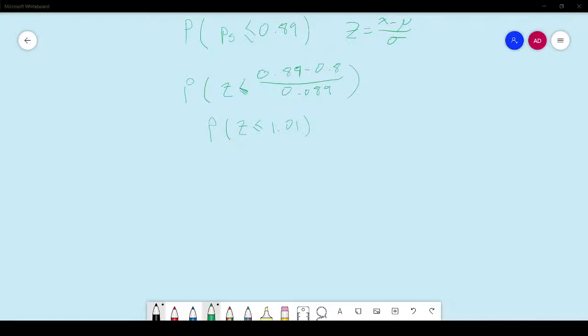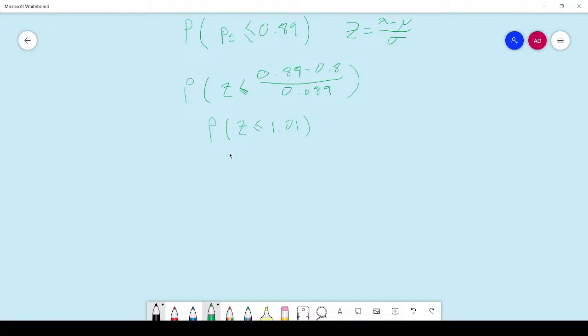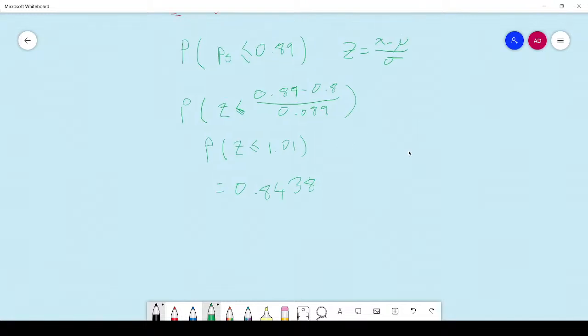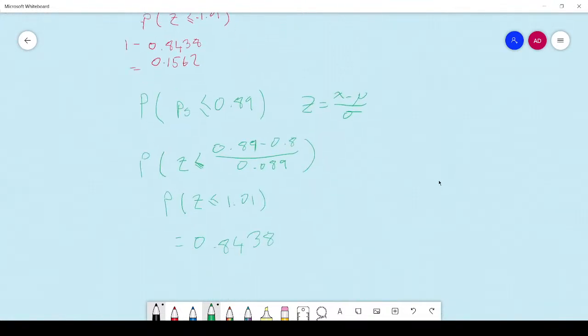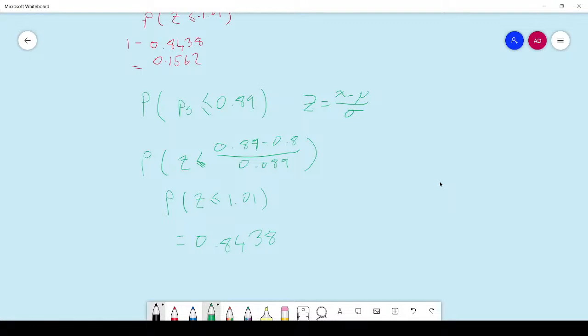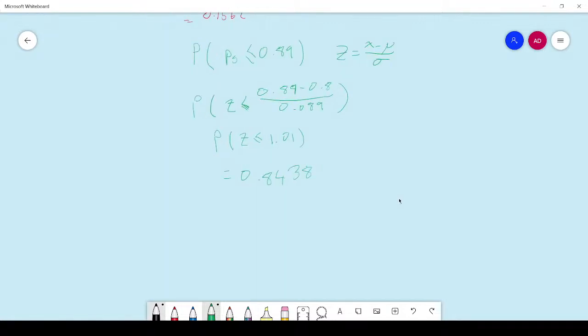So back to the whiteboard, this equals 0.8438. So this situation up here, all we have to do now is take the difference between the two.